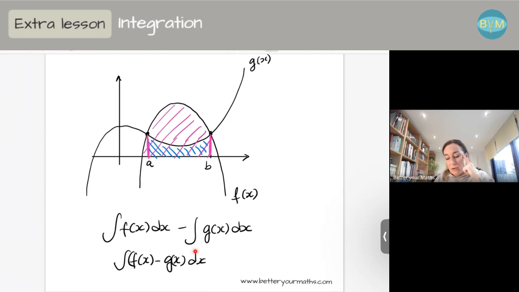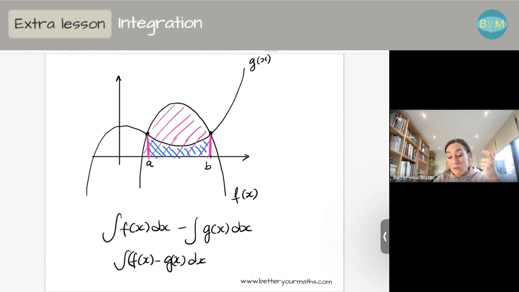And sometimes if you subtract first, as these are polynomials, the question can be simpler. You are going to work usually less if you subtract first than if you find each area at a time. It's okay because you're going to get the same answer. So it's up to you and what you see better.